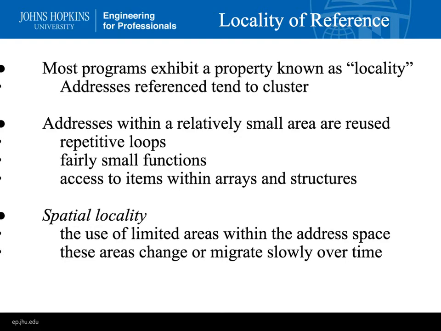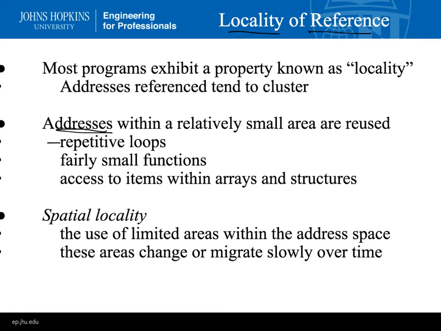And we figure out what might be likely to be accessed by thinking about locality of reference. If we have accessed a particular address, it's likely we may access something near that address again soon.